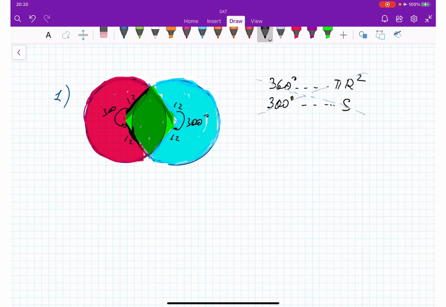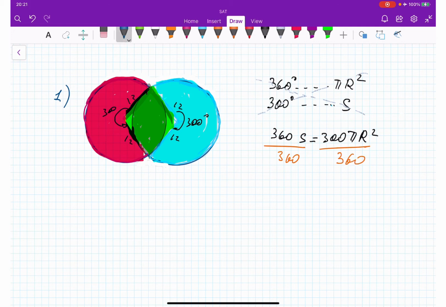We are going to have 360 times S is equal to 300 pi r squared. Let me take off the degree in the equation. From here, I'm going to divide by 360 to find S, and I will find the area for 300 degrees.